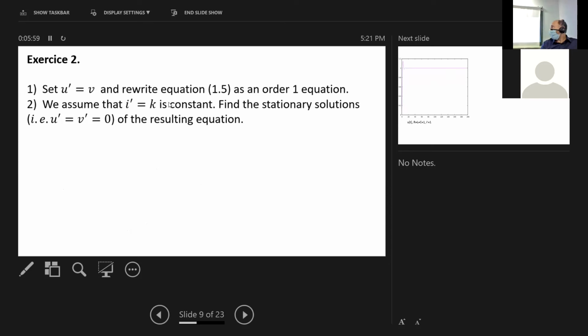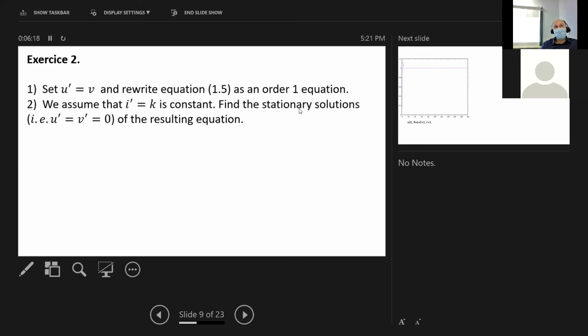Again, you can rewrite this equation as an order 1 equation. And if you assume that I prime is a constant, I'm going to ask you to compute the stationary solution. A stationary solution is a solution that doesn't move.